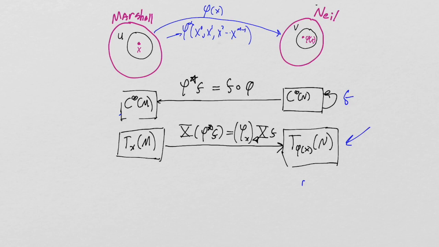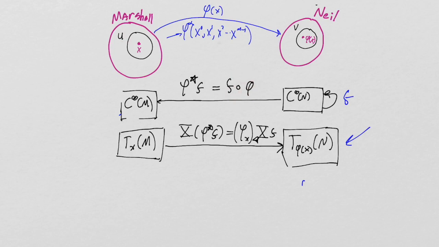And the way I keep track of this in my mind is I understand that f is always going to take a point in Neal, and f after phi is always going to take a point in Marshall.